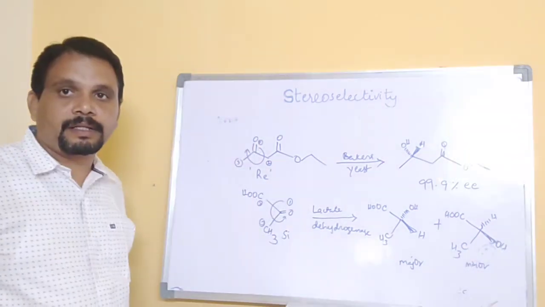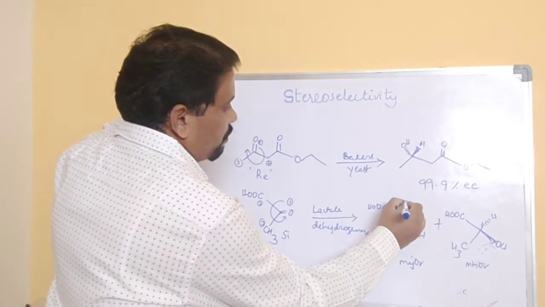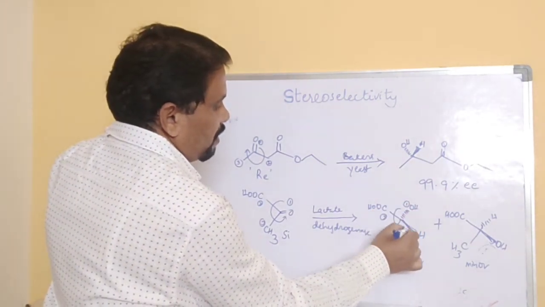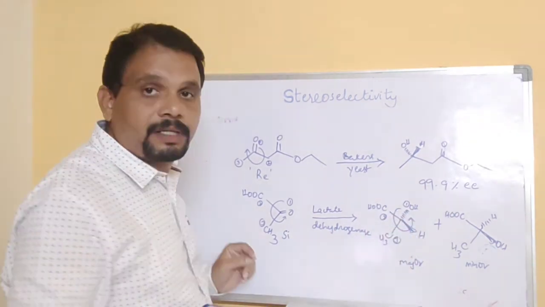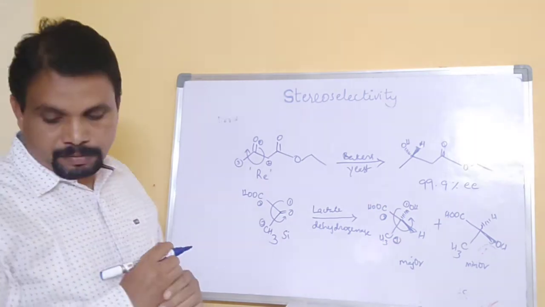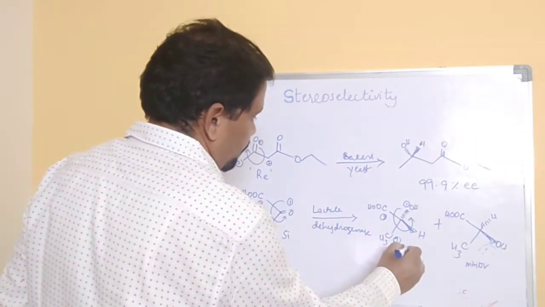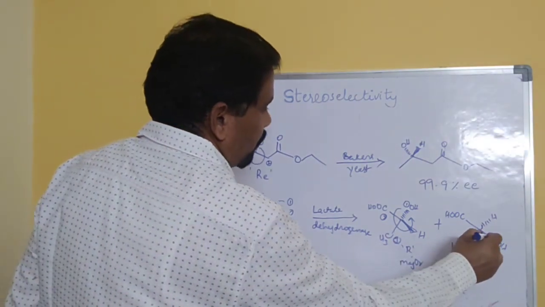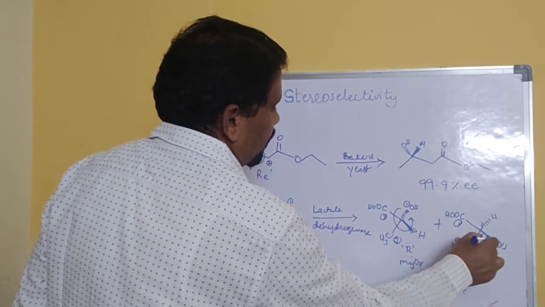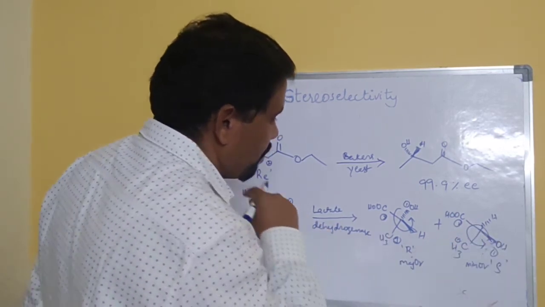Major and minor. So what is the absolute configuration of this? This is the first priority, second priority, third priority. It's anti-clockwise, so that means R isomer. And what about this? 1, 2 and 3, it's also anti-clockwise, but S isomer.